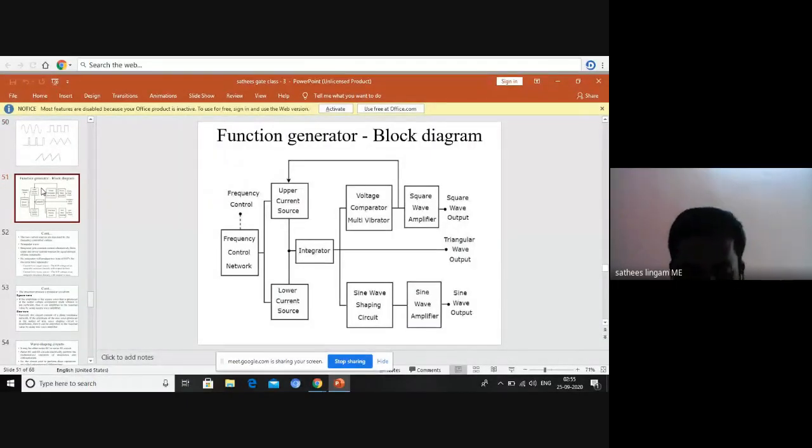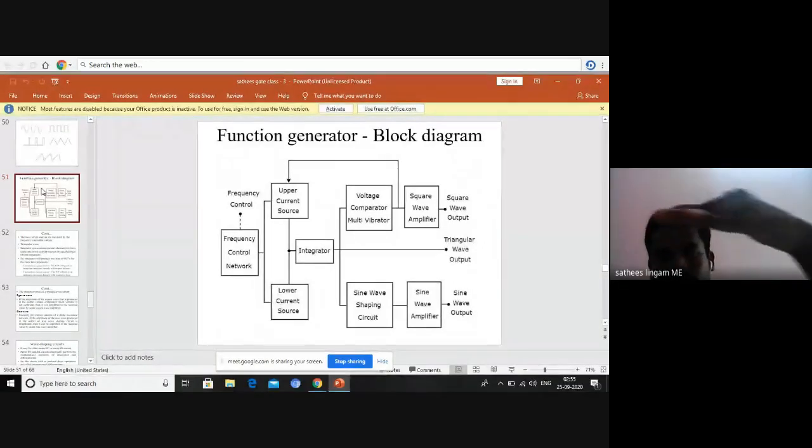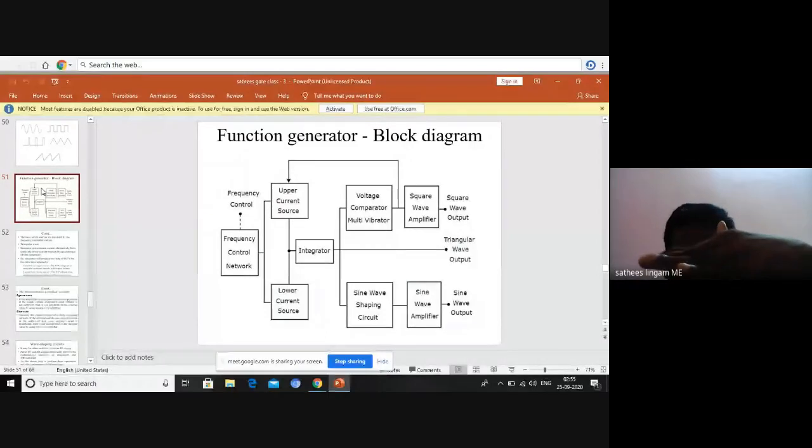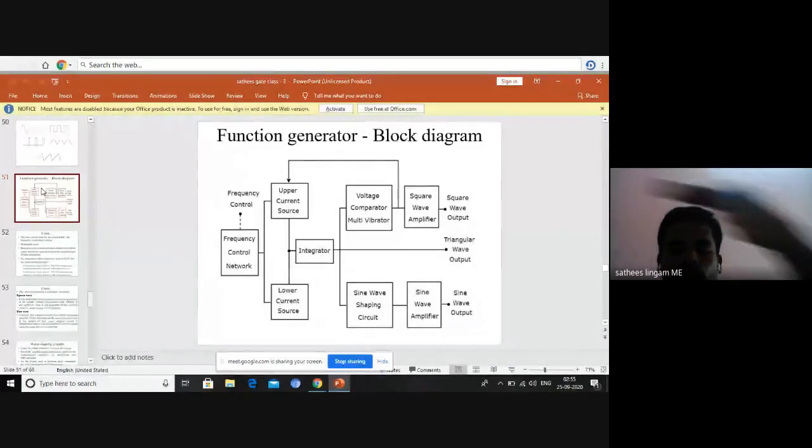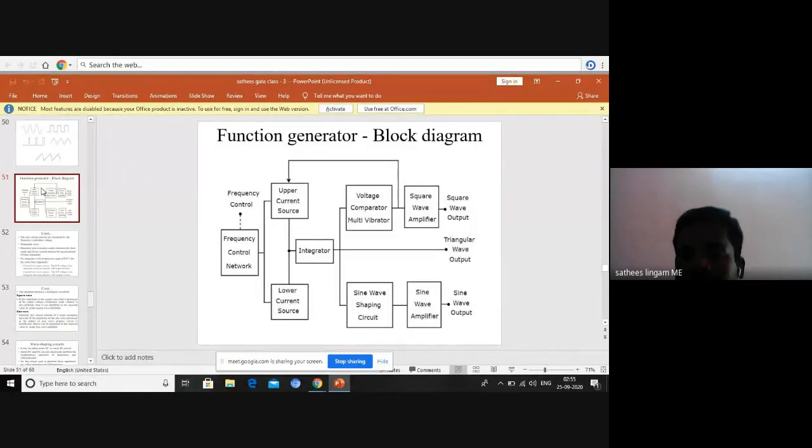It compares the integrator output with this threshold. If the amplitude of the integrator is greater than 2.5 volt, it is considered as 1, the positive wave of the square. If it is lesser than 2.5 volt, it is considered as zero. So either 5 volt or 0 volt, only two options. Then it becomes the square wave output.